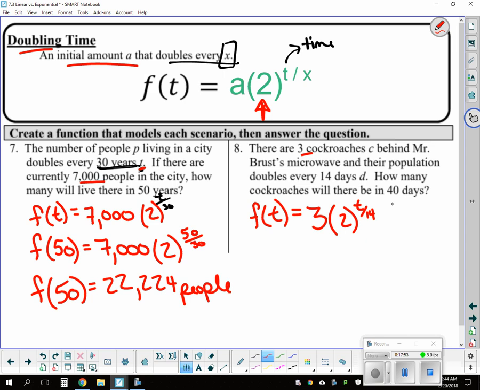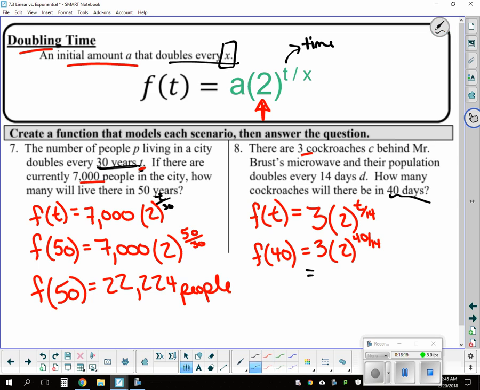Then to answer the question, how many cockroaches will there be in 40 days? We need to find f of 40. So 3 times 2 to the 40 over 14. Because what you end up finding, if you just do 40 divided by 14, you get like 2.86 rounded. So what that's saying is that you're doubling it 2.86 times.